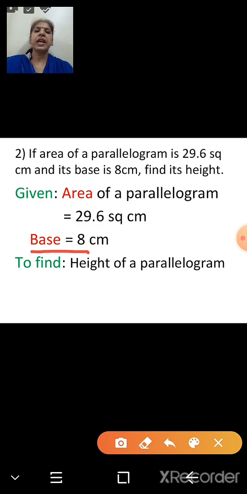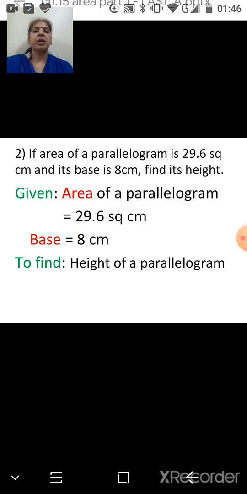And what we have to find? We have to find the height of a parallelogram.